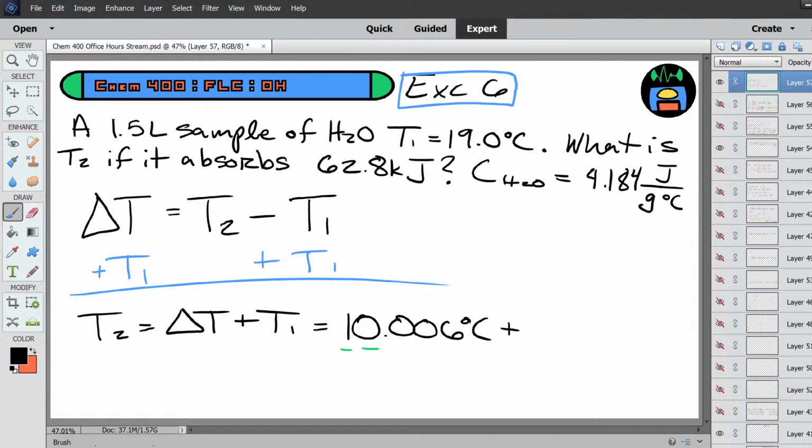Plus 19.0, that's our initial temperature, degrees C. When you add these two together, my calculator tells me that the answer is 29 degrees Celsius.